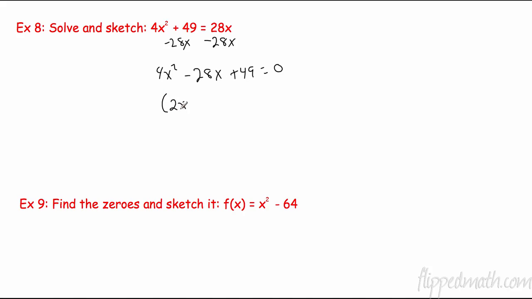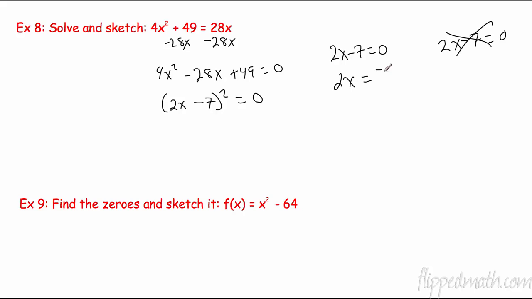So we get 2x minus 7 squared equals 0. Now normally I would write 2x minus 7 equals 0 and 2x minus 7 equals 0, right? It's the same thing. I'm only going to do it once here. So add 7 to both sides, divide by 2, and x equals 7 halves.